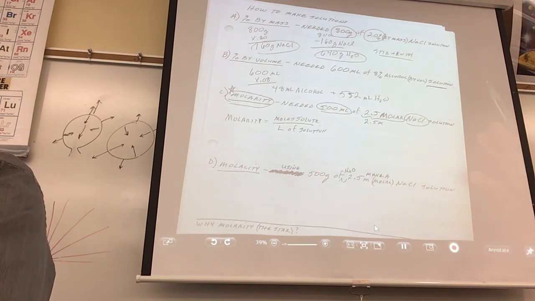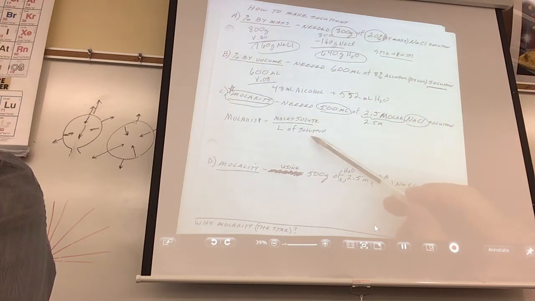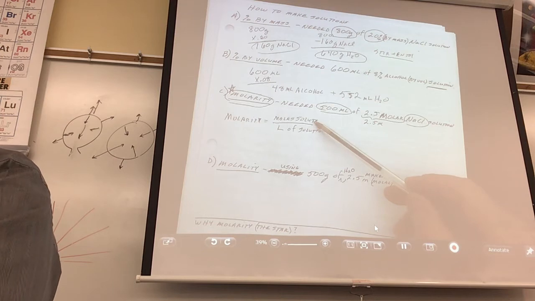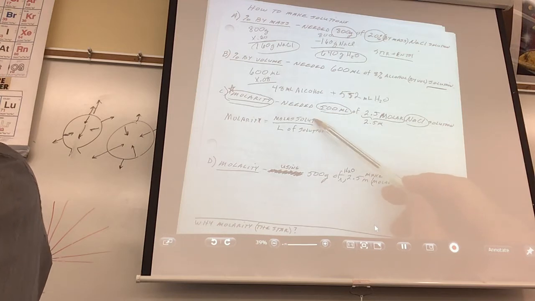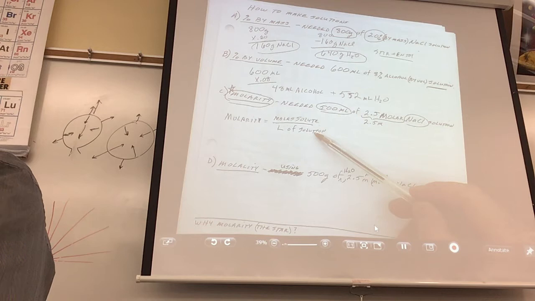But then they get tricky. Watch. They'll put grams of solute and liters of solution. You say, you're not going to trick me. You're going to give me grams of solute? I'm going to change them to moles. Then I'm going to divide. Oh, darn it. So I had you tricked. And then sometimes they'll give you moles of solute and milliliters of solution. You're not going to trick me.